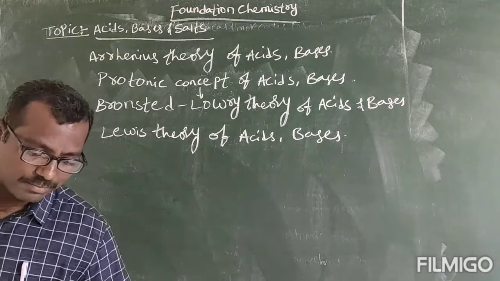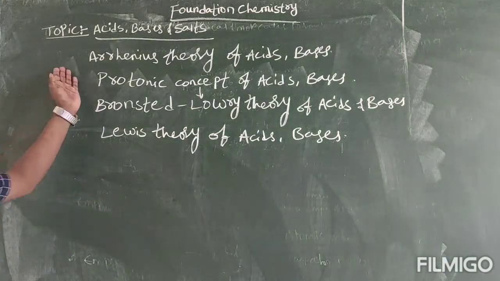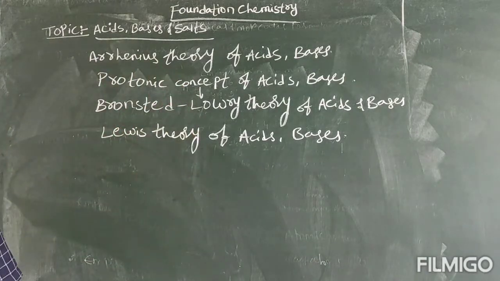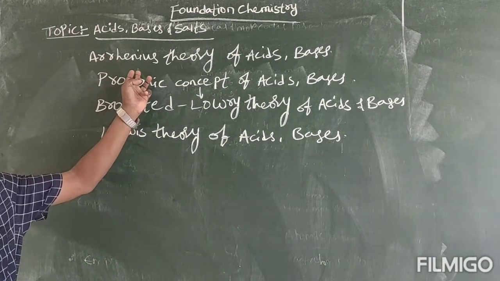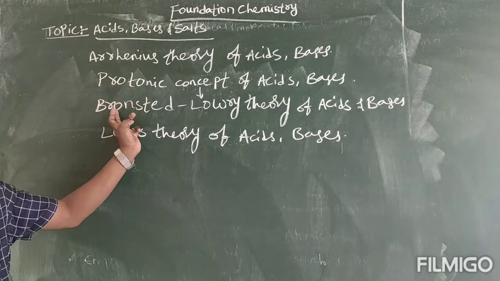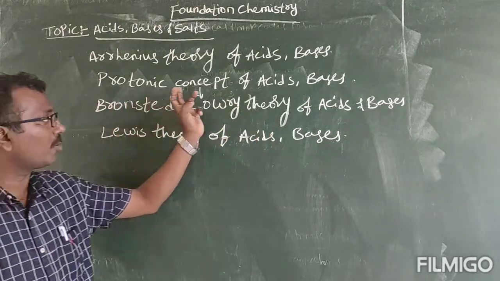Now there are some developments in acids and bases, so there are different theories. The Arrhenius theory was the first theory to say what is an acid and what is a base. Later on there were some drawbacks in this theory, and it changed. It was developed into the Bronsted-Lowry theory of acids and bases, which we call the protonic concept.